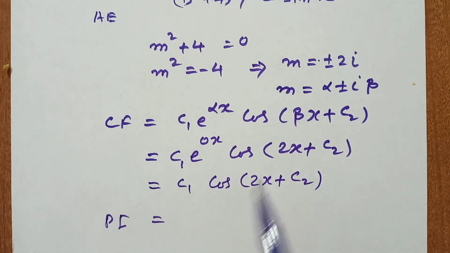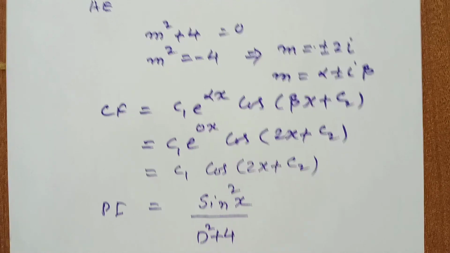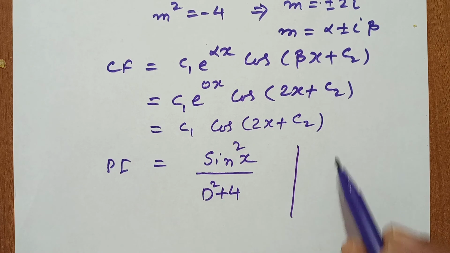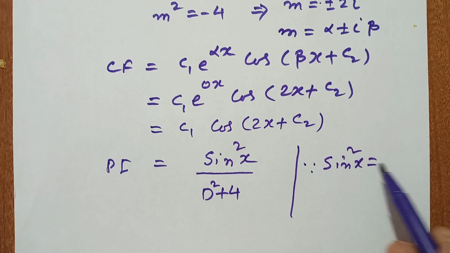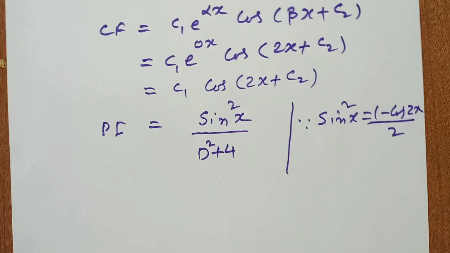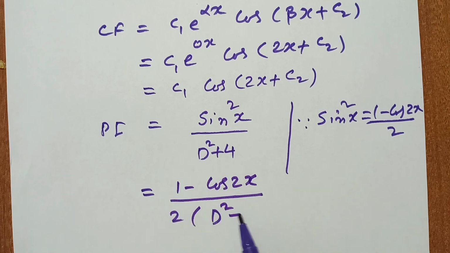Particular integral means Q. So what is Q? Sine square x upon d square plus 4. So now first you think here Q is sine square x, but we have the formula for sine ax or cos ax. Okay, so since sine square x is equal to 1 minus cos 2x upon 2, this can be written as 1 minus cos 2x upon 2 and d square plus 4.